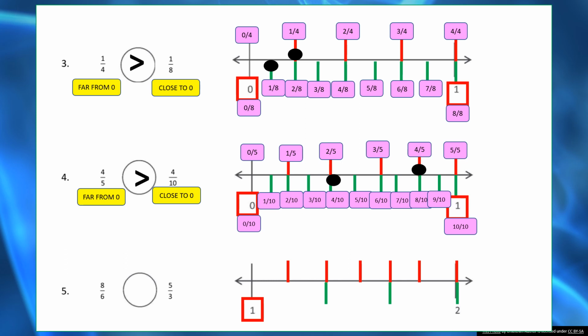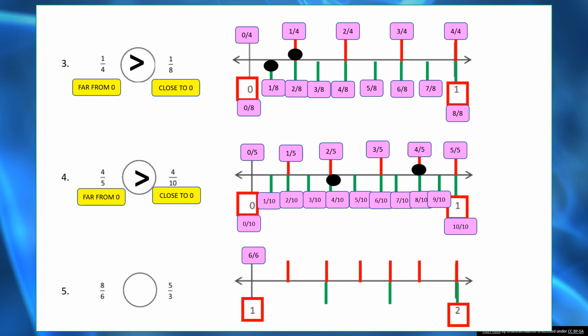Now, the top of our number line is partitioned into sixths. How many sixths equals 1 whole? Well, if you said 6, you're absolutely correct. So the fraction that we're going to start with at the top of our number line is 6 sixths, because 6 sixths equals 1 whole.